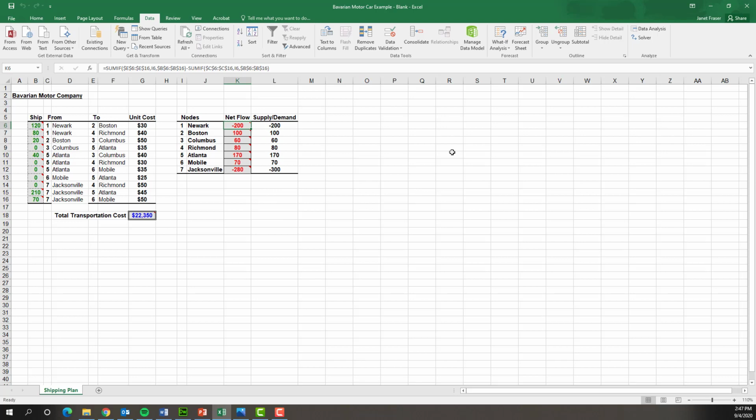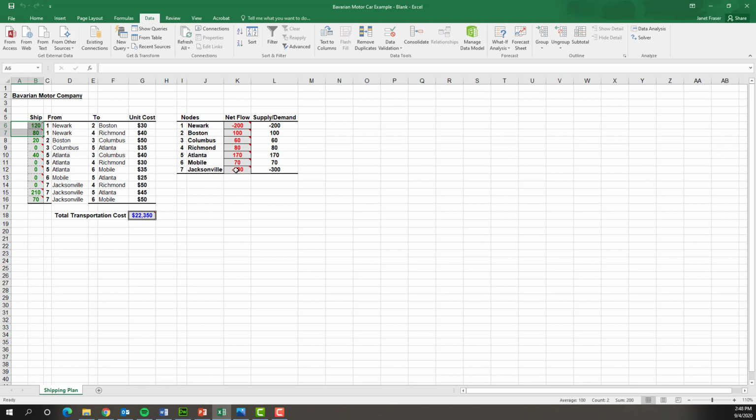They're going to other places. We can see over here in rows 6 and 7 that 120 vehicles from Newark went to Boston and 80 vehicles from Newark went to Richmond. And 120 plus 80 is 200. So that accounts for all of our vehicles from Newark.